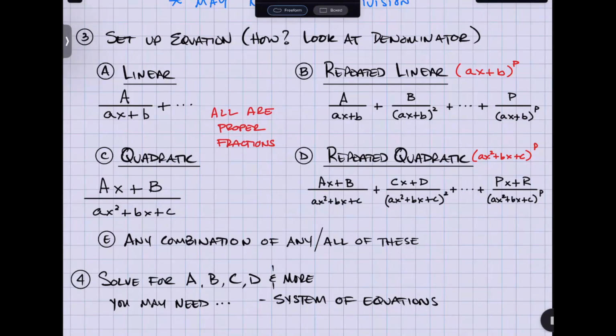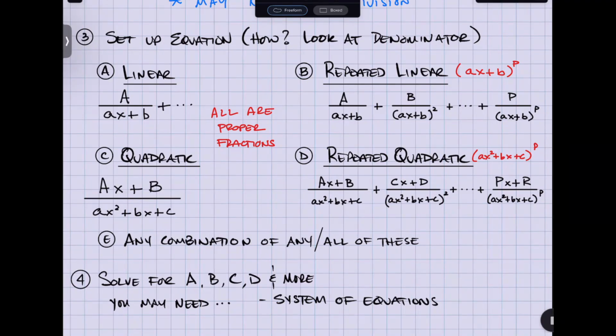So right now it sounds really intimidating. All of this sounds really intimidating. All right? And notice that as I'm going, I am doing different letters because those letters mean different things. Because if I use ax plus b and the ax plus b and ax plus b, that means I'm assuming all the a values are the same, all the b values are the same, and so on and so forth. But I can't assume that.